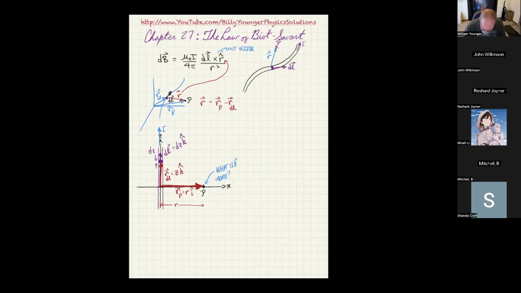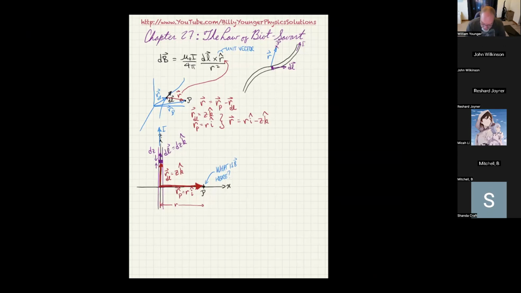So if you want to use these red vectors, it's pretty straightforward. r_P, as we said, was equal to r i hat, and r_dl was equal to z k hat. So these two combine to tell me that the vector r is equal to r i hat minus z k hat.